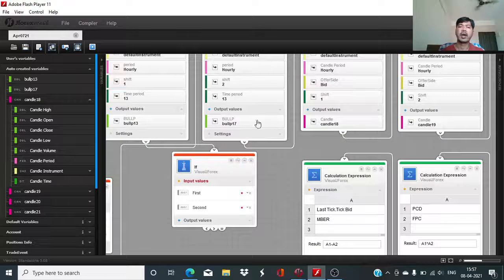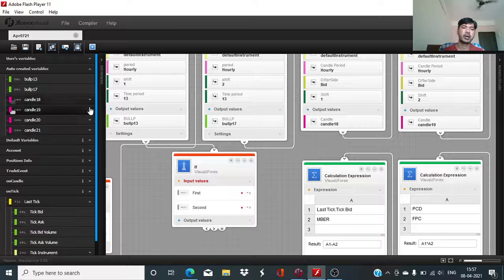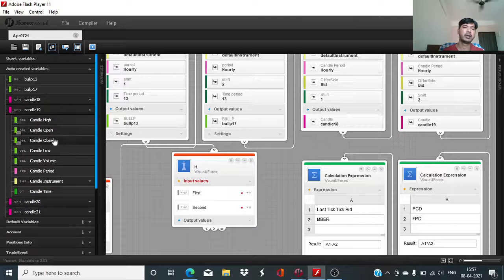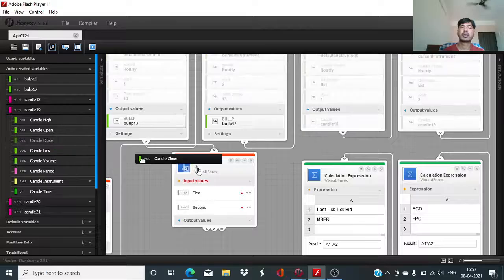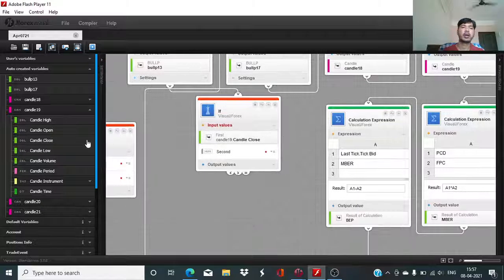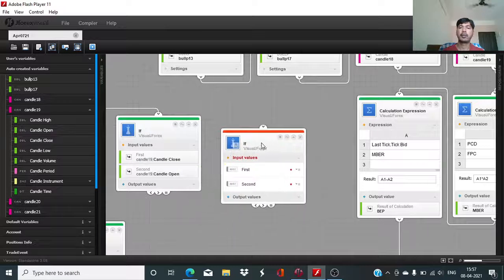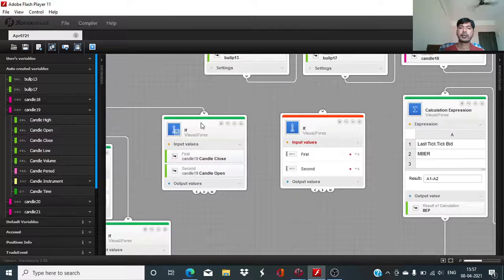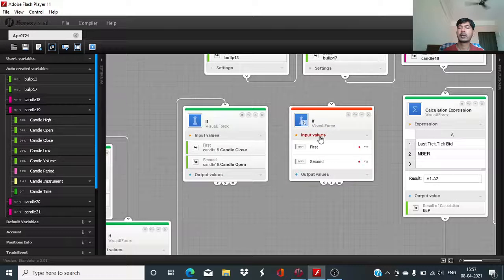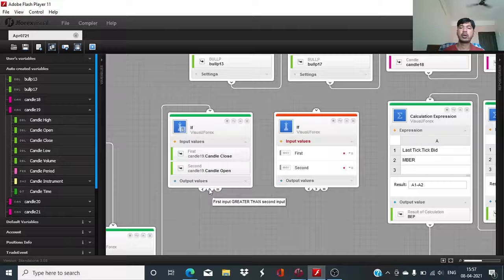So for that we will now have to take candle 19 candle close and open, and this is going to be first input greater than second input.